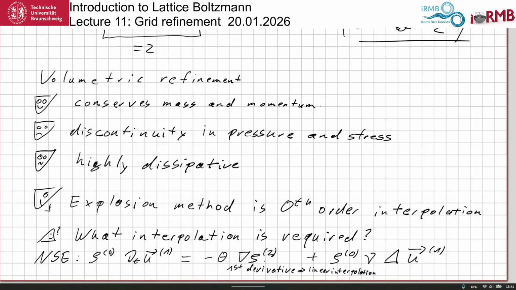Meaning if you have a linear interpolation of rho for your new grid, and then you take the gradient of this, you still get the correct gradient, right? But if you have a linear interpolation of u, and then you take the second derivative, you will still get 0. So here you have a second derivative, so you need quadratic interpolation.